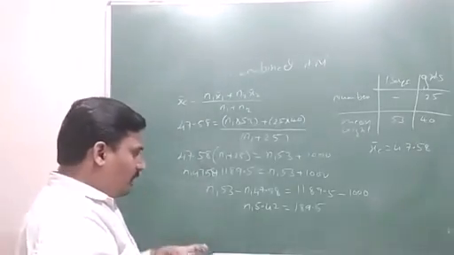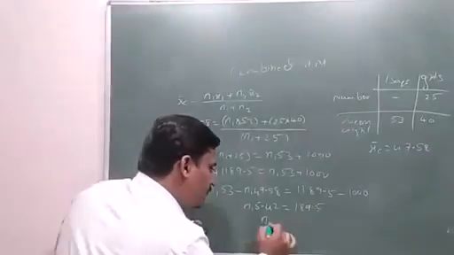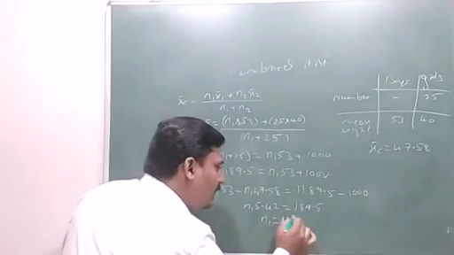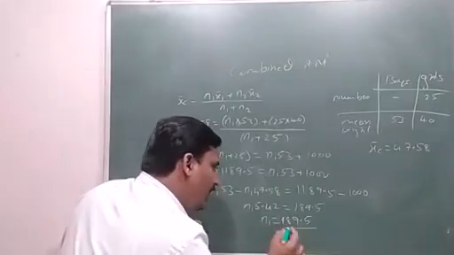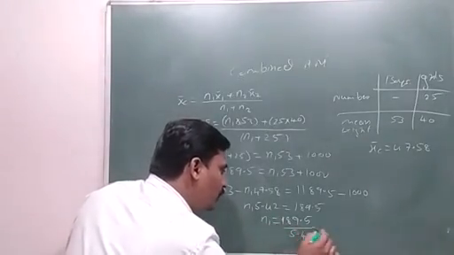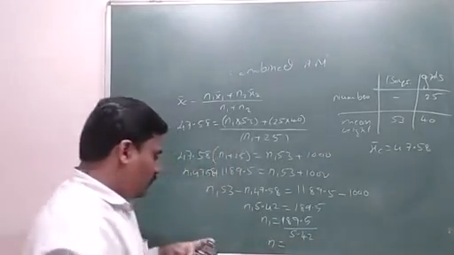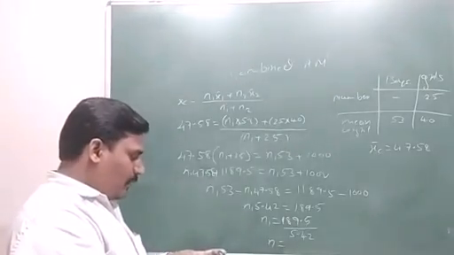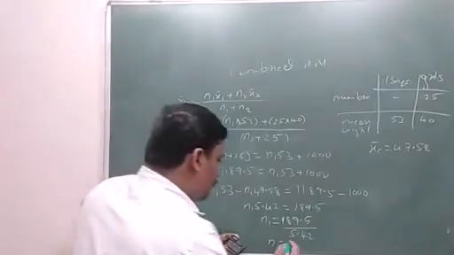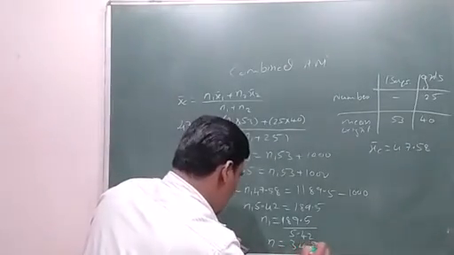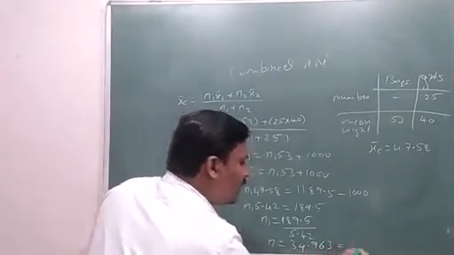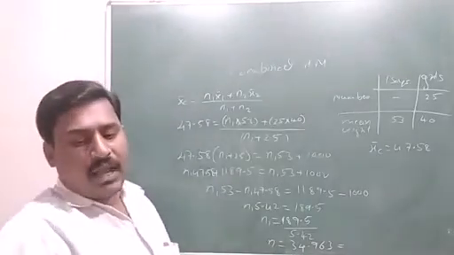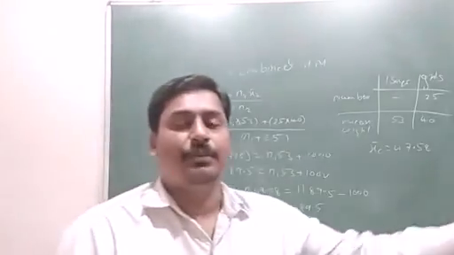So if you divide by 5.42, n1 is equal to 189.5 divided by 5.42, which is equal to 34.963.